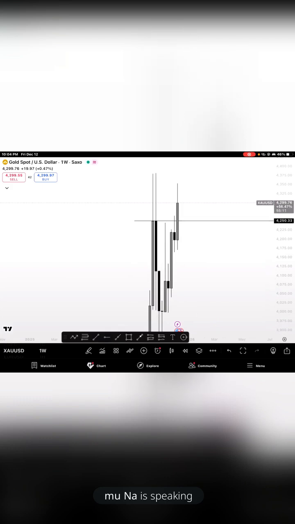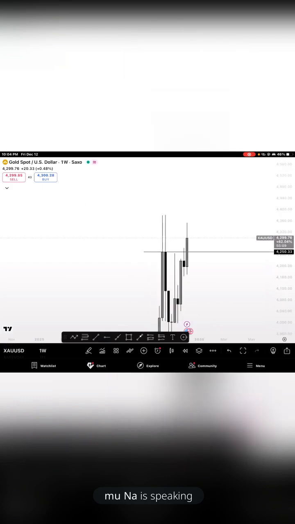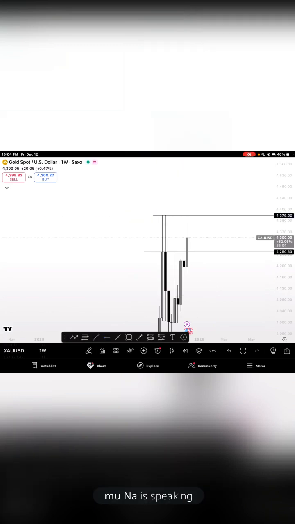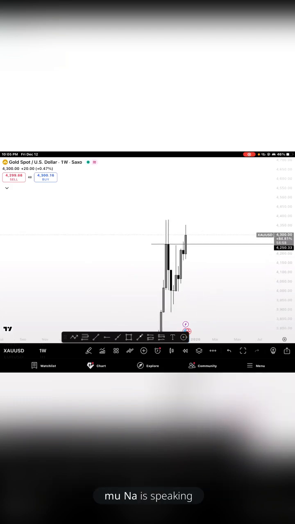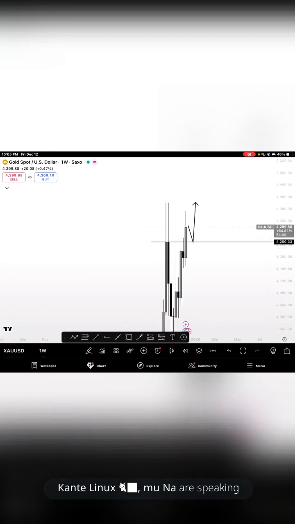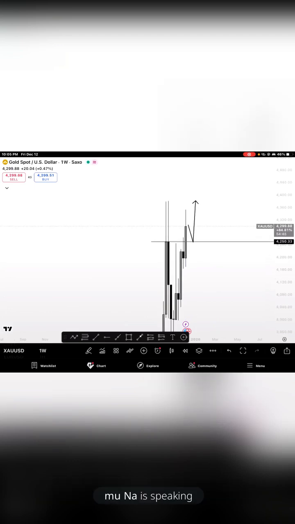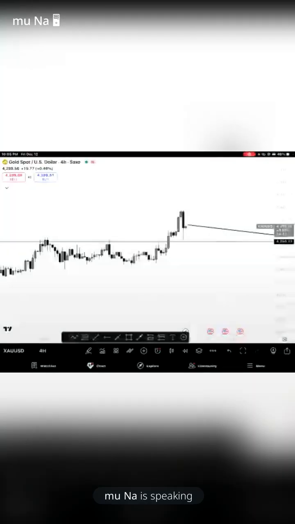So right now we're looking for buys on gold, at least till this all-time high is taken out. From next week, we're going to take a trade if price comes down here for gold: price will come in here and we buy it all the way up to here. Price must come back to this key level again. Then we look for confirmation with the lower time frame, that's why I don't use a limit order.